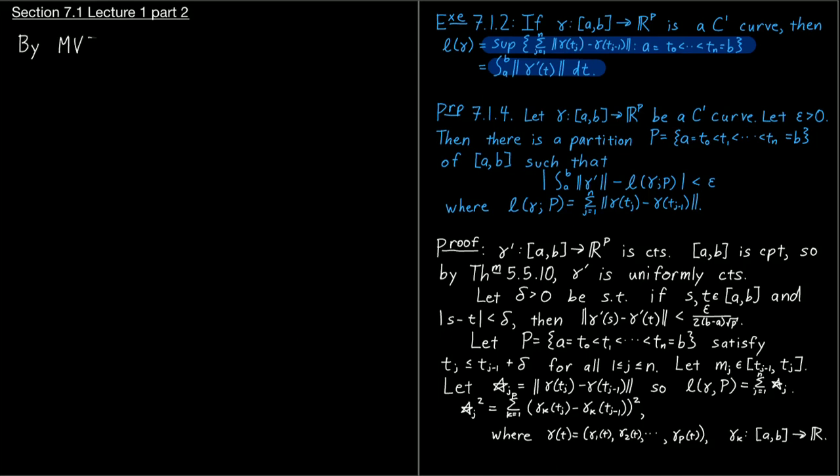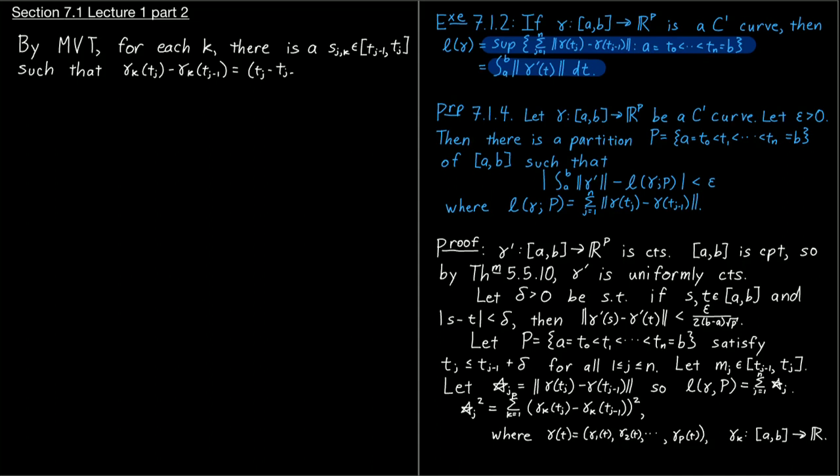Now, by the mean value theorem, for each k there is a number, depending on both j and k, in this interval that we care about, such that gamma k of tj minus gamma k of tj minus 1 is tj minus tj minus 1 times gamma k prime of s sub jk.